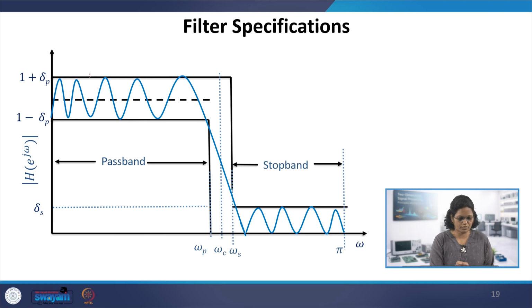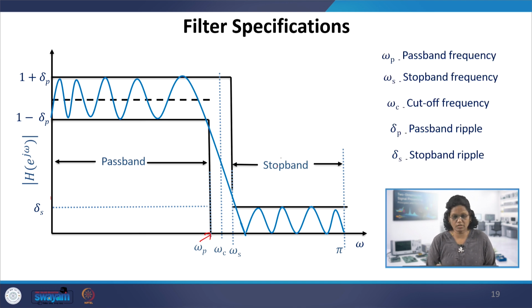The amplitude of this ripple is decided by delta p, and for the stop band we have delta s, the stop band ripple allowed. And you can see omega p, the pass band frequency, the stop band frequency, and the cutoff frequency. These are radian frequencies. So these are the specifications generally given. This is for the low pass filter case.